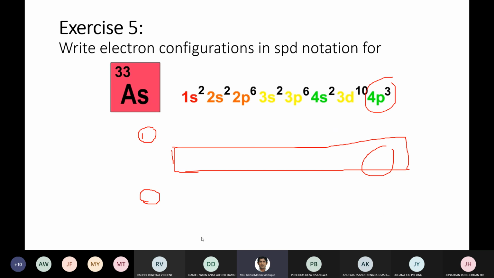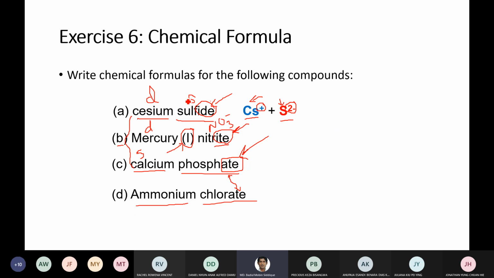Okay, so now we move to cesium again. Cesium sulfide. Cesium has one positive charge. Sulfur produces 2 negative charge. So how do these form a compound? If they come together, one positive charge will neutralize one negative charge of sulfur. But what happens to the other negative charge?